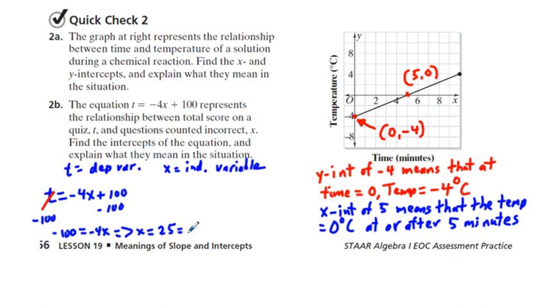Room is going to be an issue here. And then the next thing we're going to do is find, if we take this equation, t equals negative 4x plus 100, and in this case, if we cross out the negative 4x, we're going to have t equals 100, which is our y-intercept. Now, we realize the variable isn't y, but it means the same thing, and it's a dependent variable.